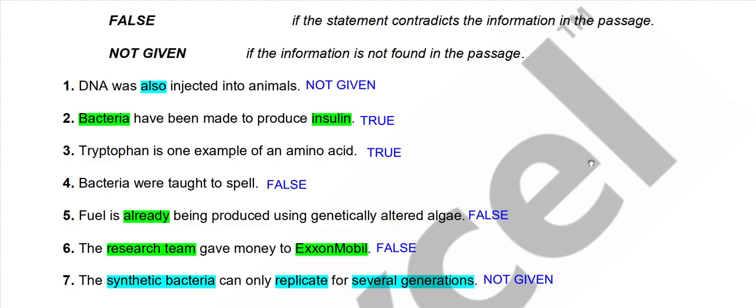If you are confident that you are reading correctly, you are following the way I am teaching, and you are able to understand the words clearly, your answer will be correct. Three trues, three falses, or three not givens can come in your exam also, so don't worry about that.